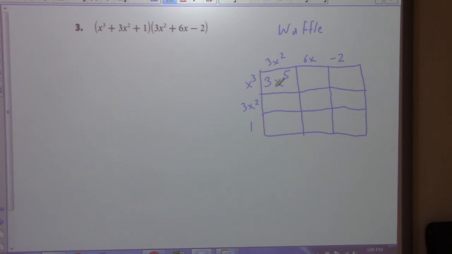3x to the 5th. So you don't use the... Oh, how would I do the 3x to the 5th, and then multiplied the 6x by 3x, and got 6x to the 3rd, right? And then the negative 2 and x cubed is negative 2x. And then I got 6x to the 4th.